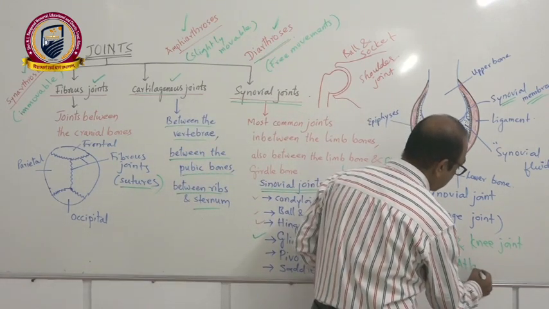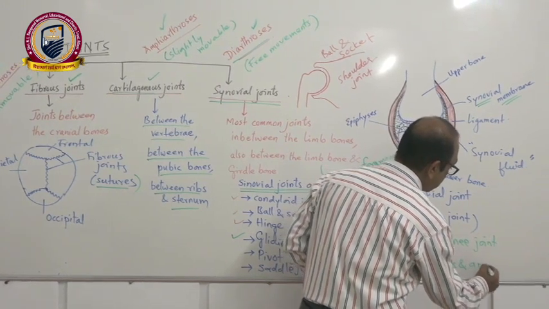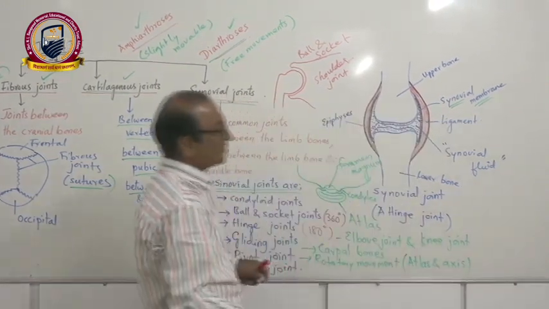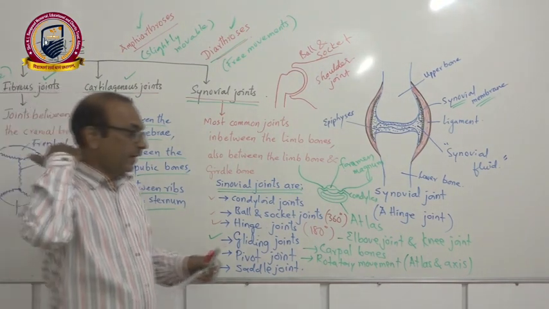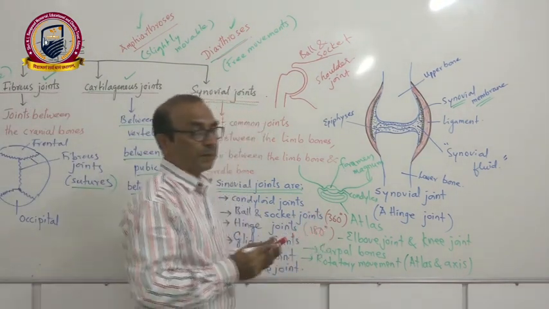atlas and axis. What is atlas and what is axis? Atlas is the first vertebra and axis is the second vertebra.